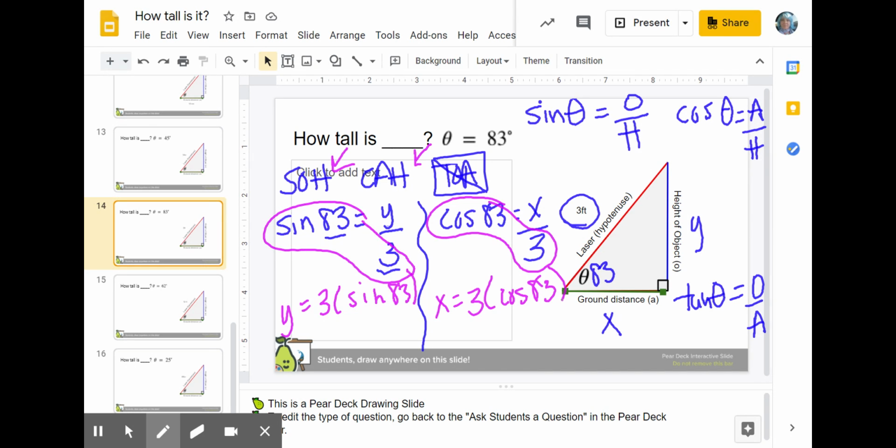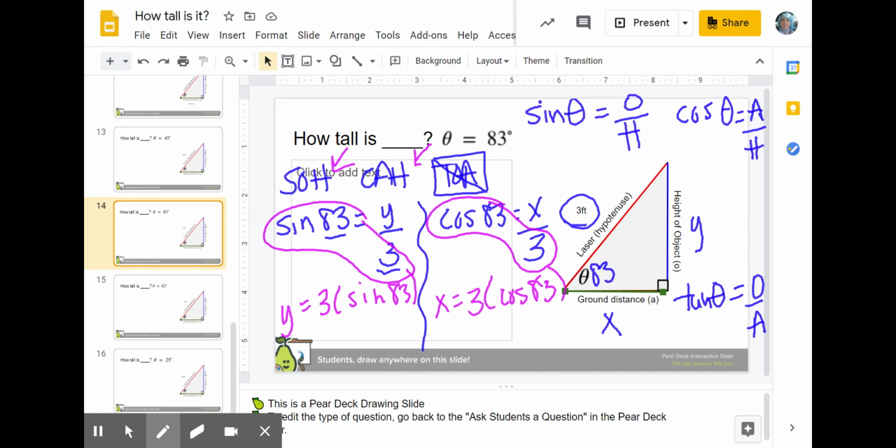Did anybody get an answer for the opposite side, the height of our triangle? Either unmute yourself or put it in the chat.